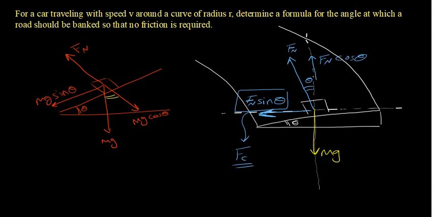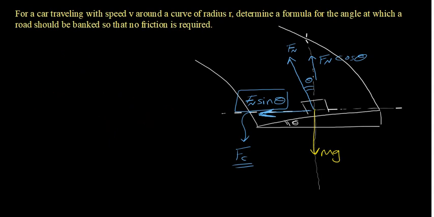So for this question, let's go back to our example, where the question is looking for a formula for this angle. I will keep the same drawing here for the curved road, and we're going to apply it like this. So I have an x-axis. Now from Newton, the total forces equal ma. However, here we're talking about circular motion, so it will be m times the centripetal acceleration.